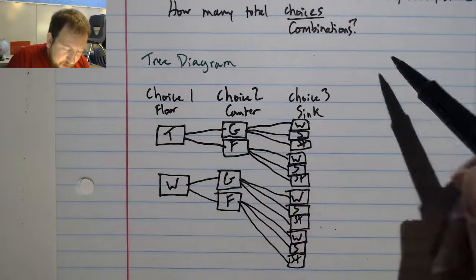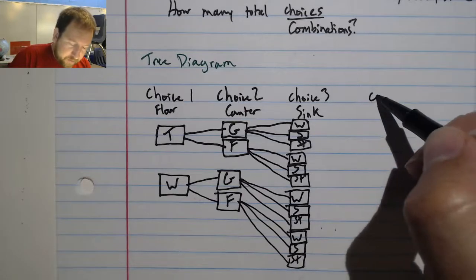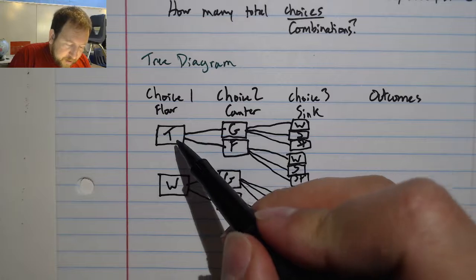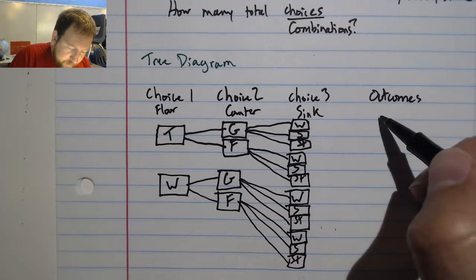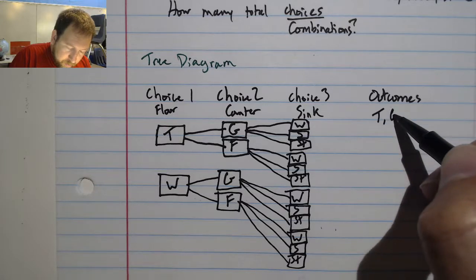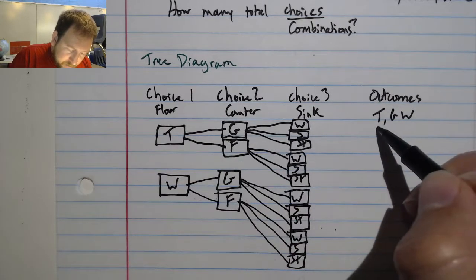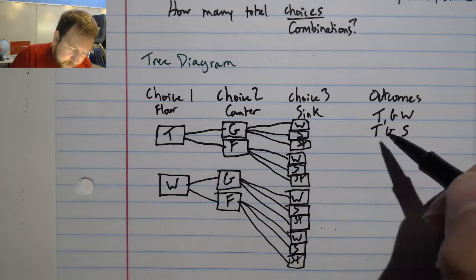For example, now I want to see what they call my outcomes. I could write this as, I could be tile, granite, with white. Tile, granite, white. I could be tile, granite, stone, or tile, granite, steel.